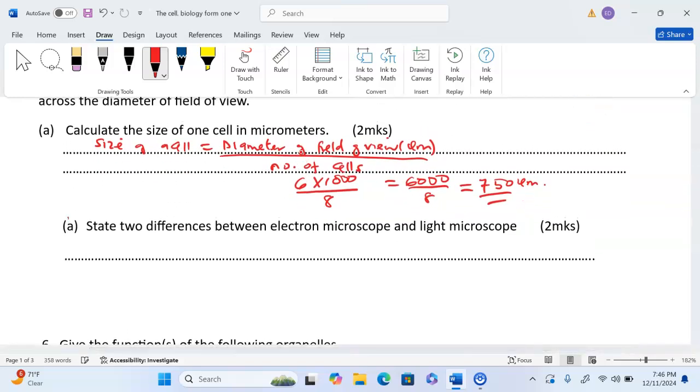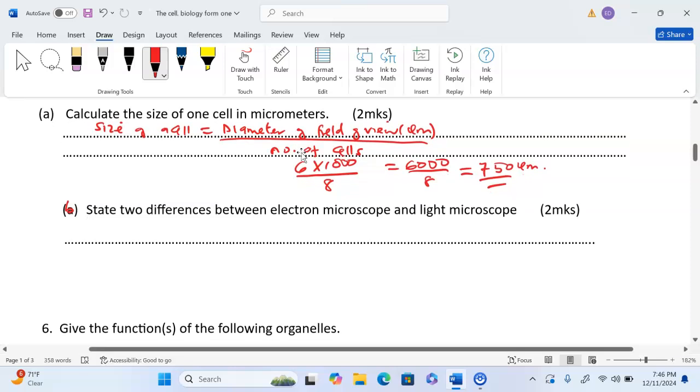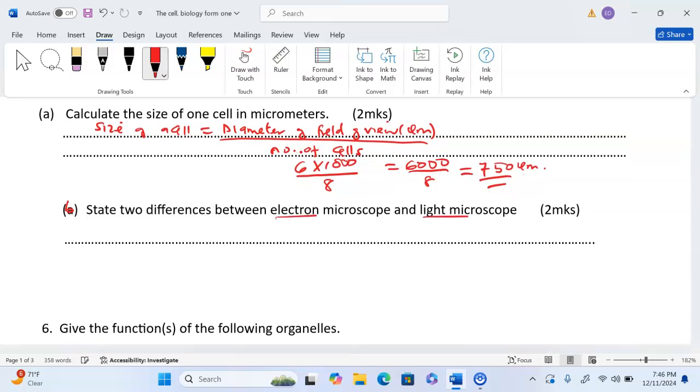State 2 differences between electron microscope and the light microscope. For the purpose of showing the differences, we can use a table. One side we have the electron microscope. Another side we have the light microscope. We know the electron microscope has high resolving power. A light microscope has low resolving power.